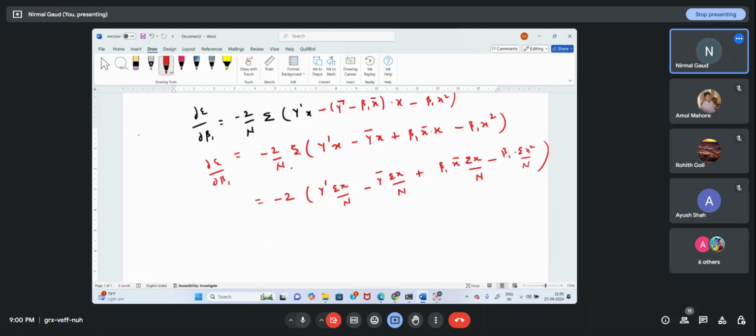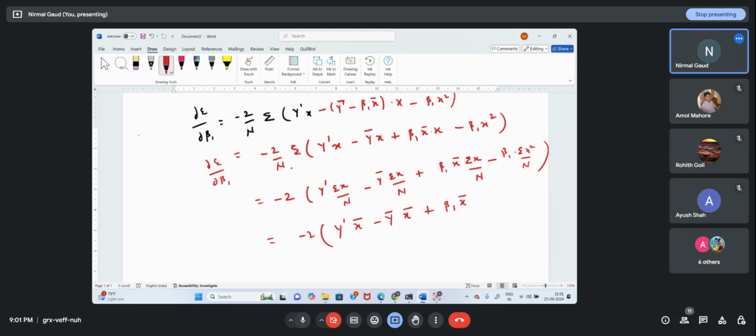So minus 2 y dash summation of x upon n x bar, minus y bar summation of x upon n x bar, plus beta 1 x bar, then summation of x by n. Is it making again x bar? Yes.